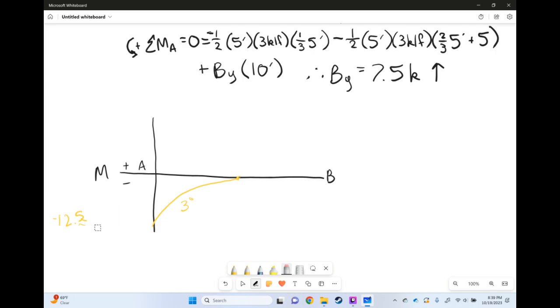So we'll clean this up just a little bit over here. So we have negative 12.5. So he's the easy part.